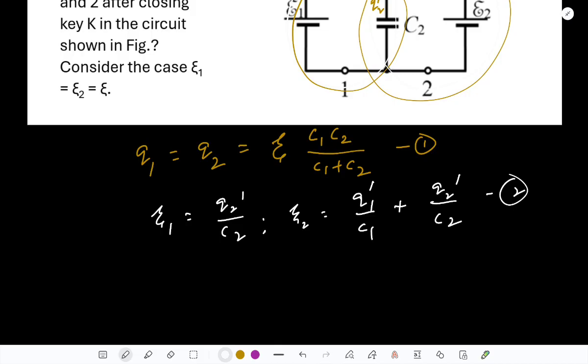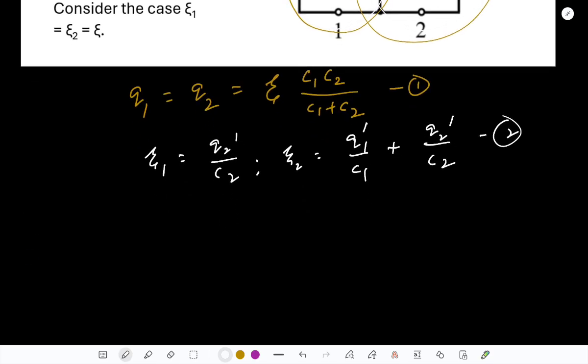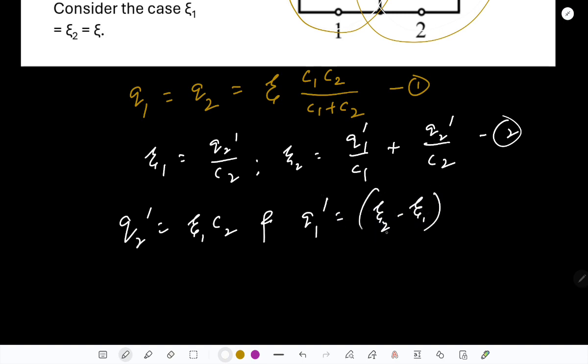For this we have simply Q2 dash equals E1 C2 and Q1 dash equals (E2 minus E1) C1. That is going to be 0, but for now we will keep writing in terms of E2 and E1.